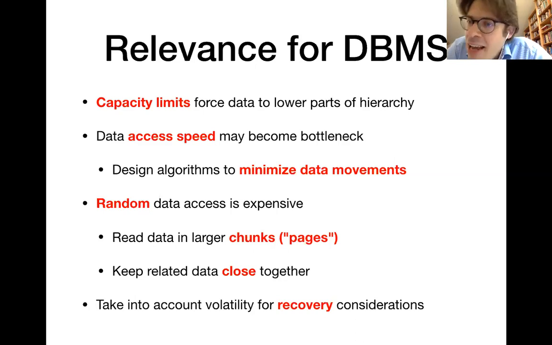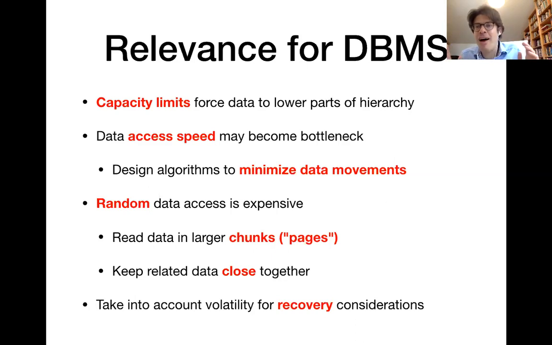But in the case of databases, if you're dealing with very large data sets, then because you often cannot fit them into the efficient layers of the memory hierarchy, you have to account for overheads just for accessing data, not even doing the computation. If you have, for instance, your data located mostly on hard disk, then just the time for accessing that data, for moving data through the memory hierarchy, often dominates your total execution time.